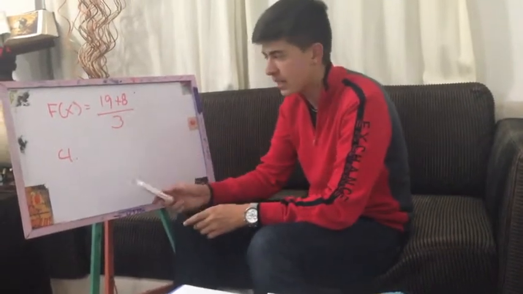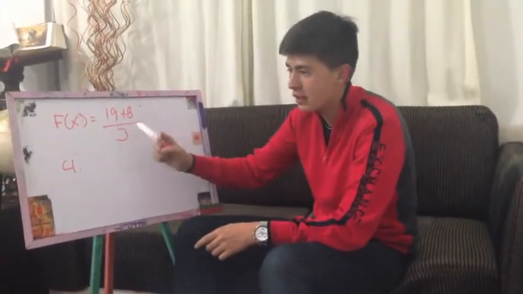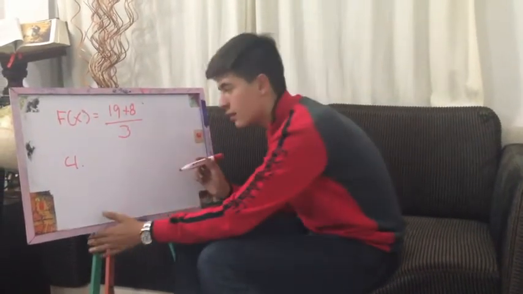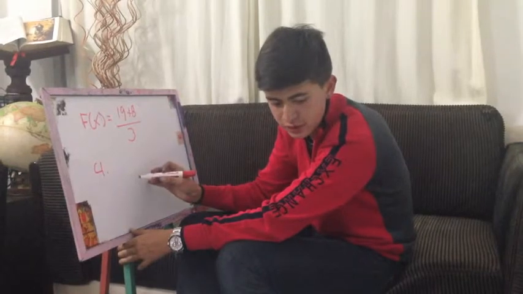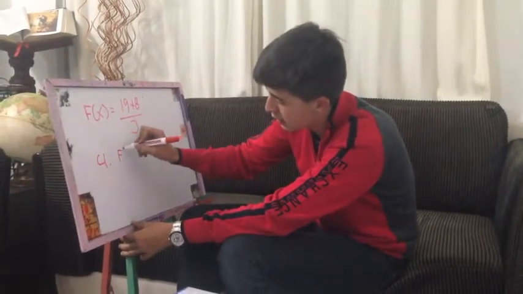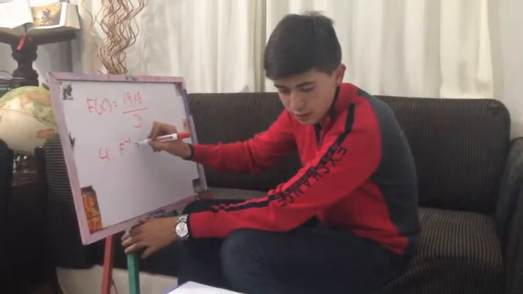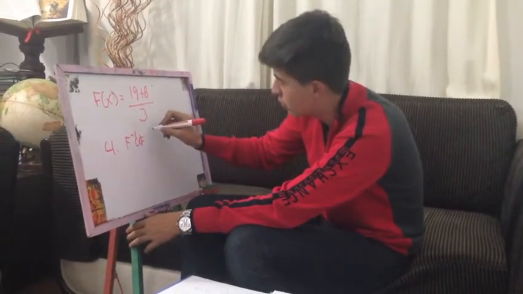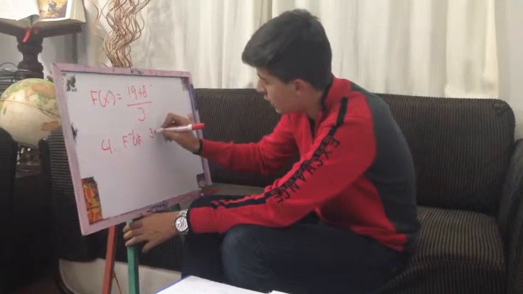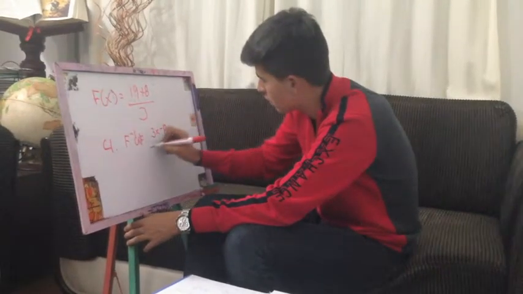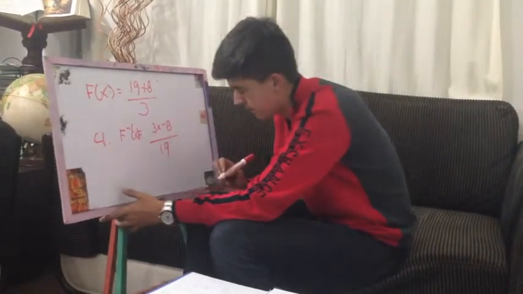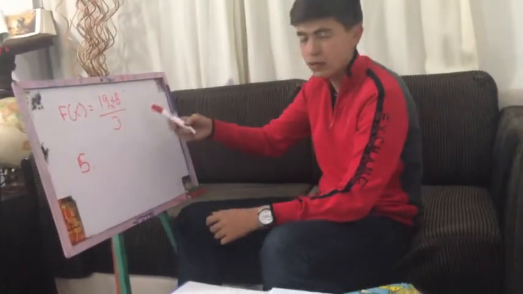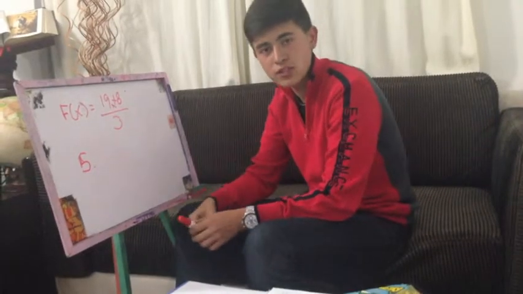The fourth step is to write the equation in inverse function notation. So this equation is written as the inverse function of x equal to (3x minus 8) over 19. The last step is to prove that the inverse function is correct.